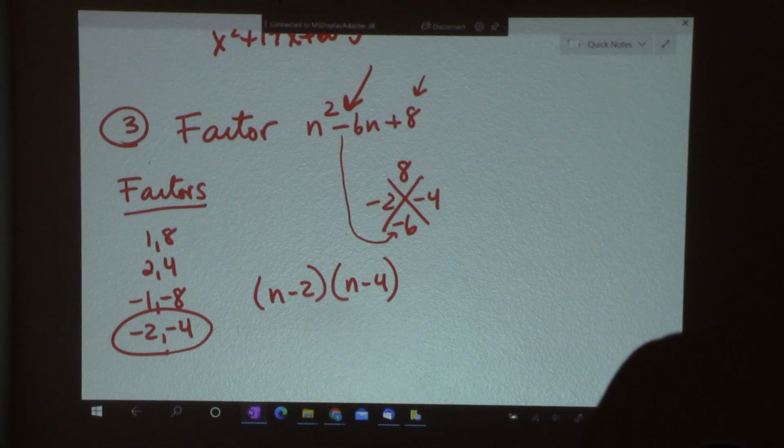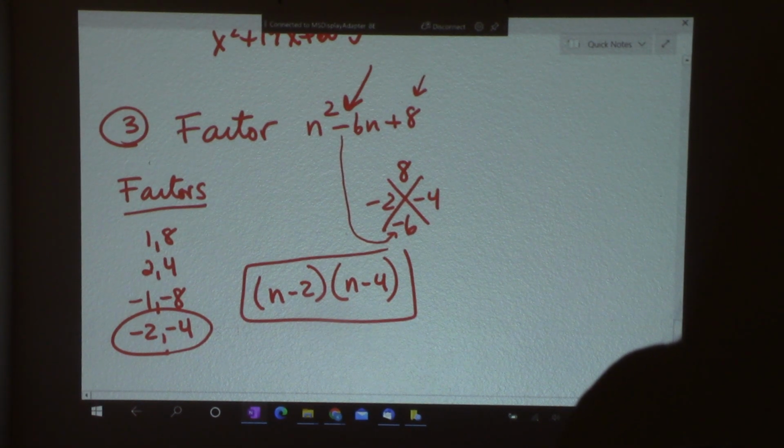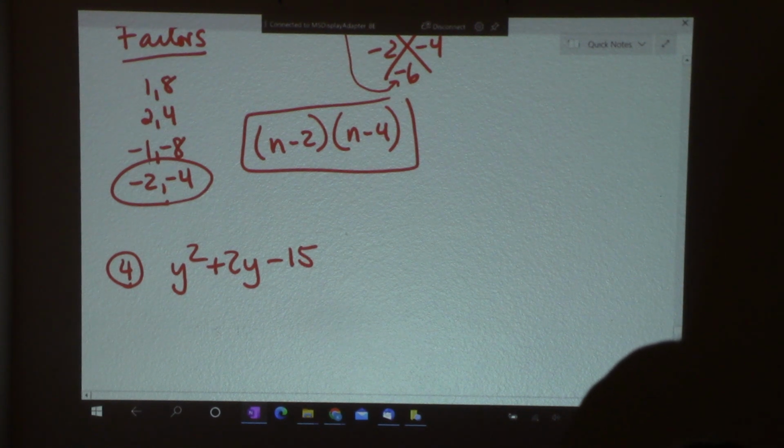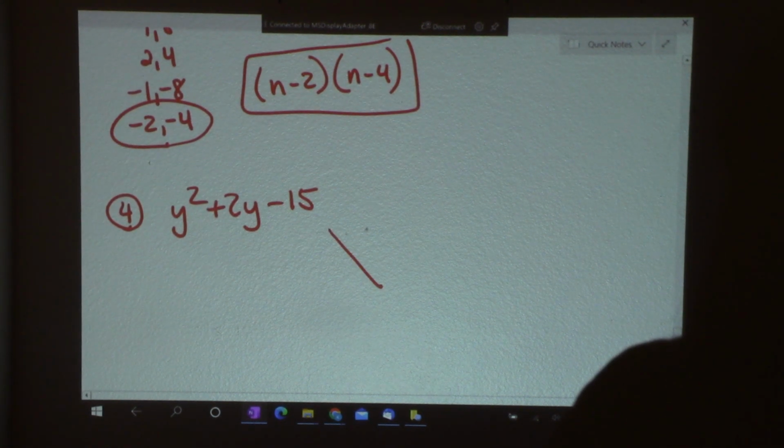Now, I'm not going to do the check this time just because I don't want to worry about having the video too long. I'm just going to trust you to handle that. Okay. Number 4. Y squared plus 2y minus 15. Okay? So, this problem is a little different.